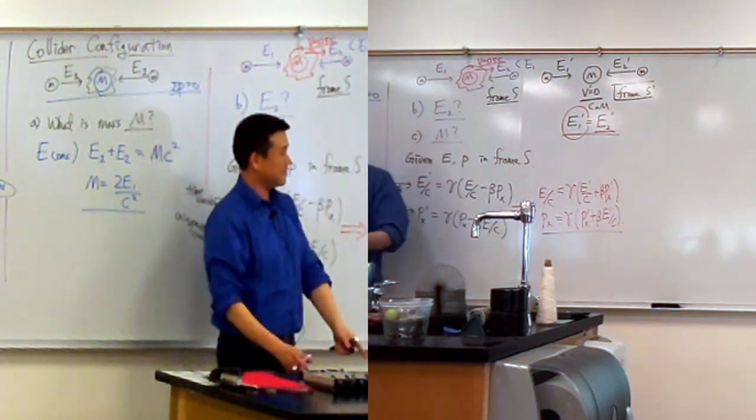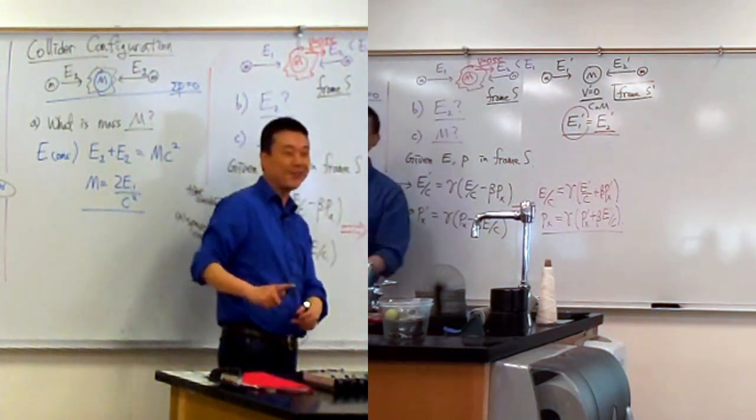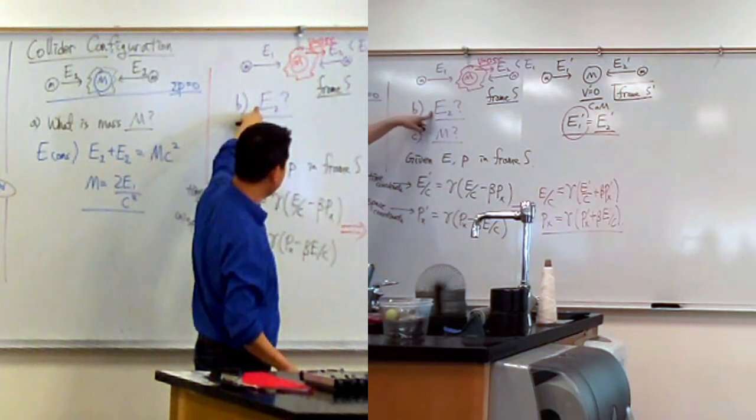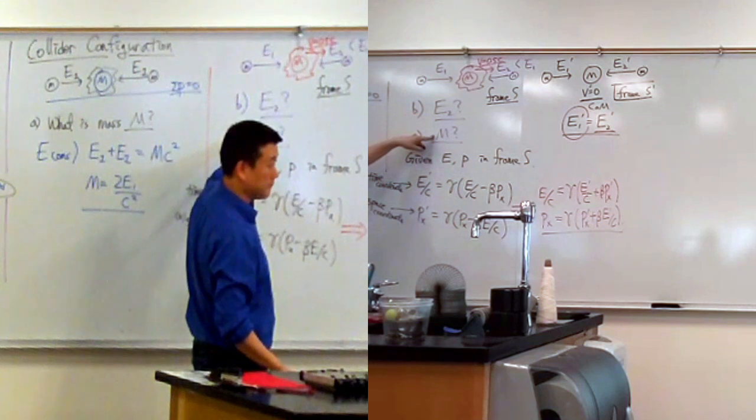So that's the easy 3 steps to go through to find out what the energy E2 is. And along the way, you would also find out what M should be.